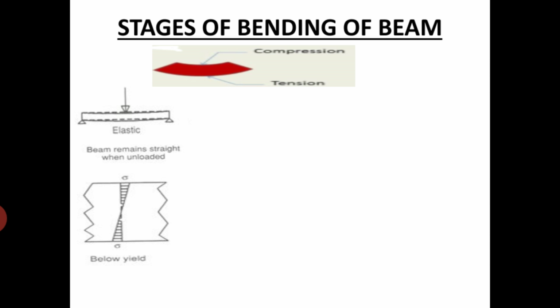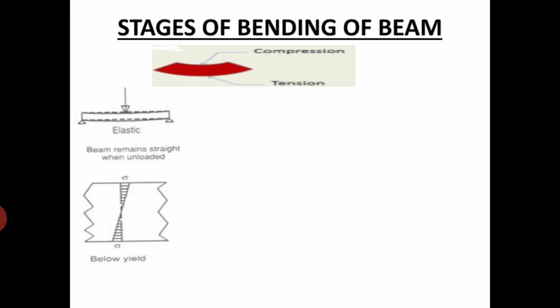So this is the stress diagram we get in the first stage, when the load is at a lighter part, just applied and then removed. So it shows the elastic nature of the beam. That means the beam remains straight when unloaded, and the stresses are within the elastic limit, or we can say the stresses are well below the yield stress.